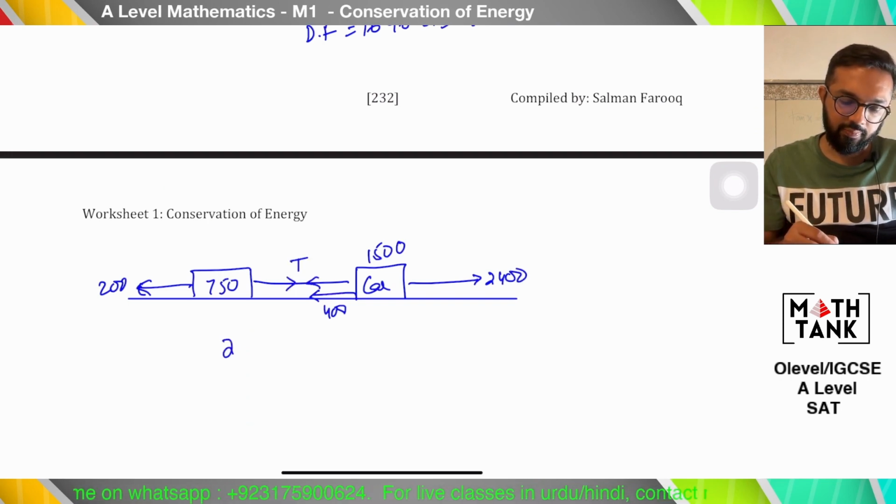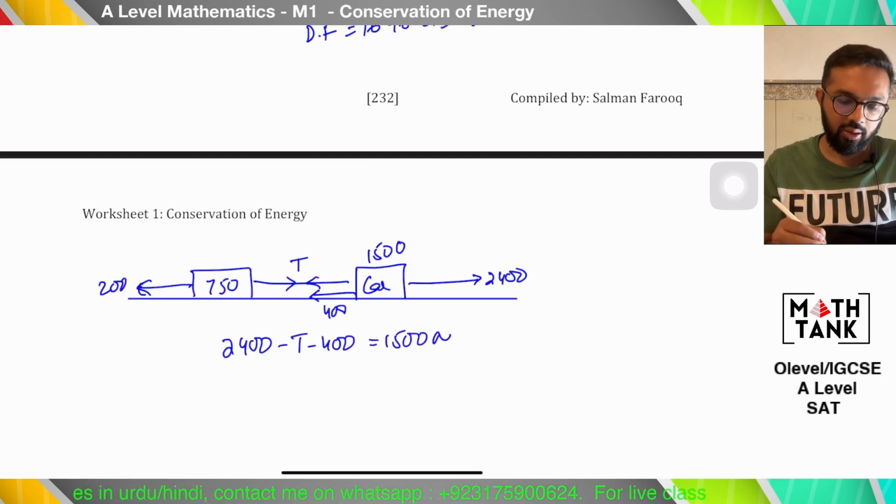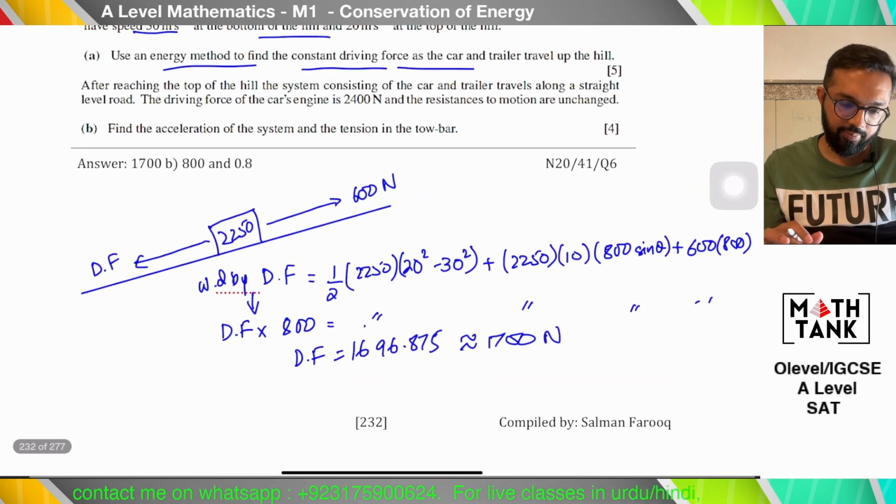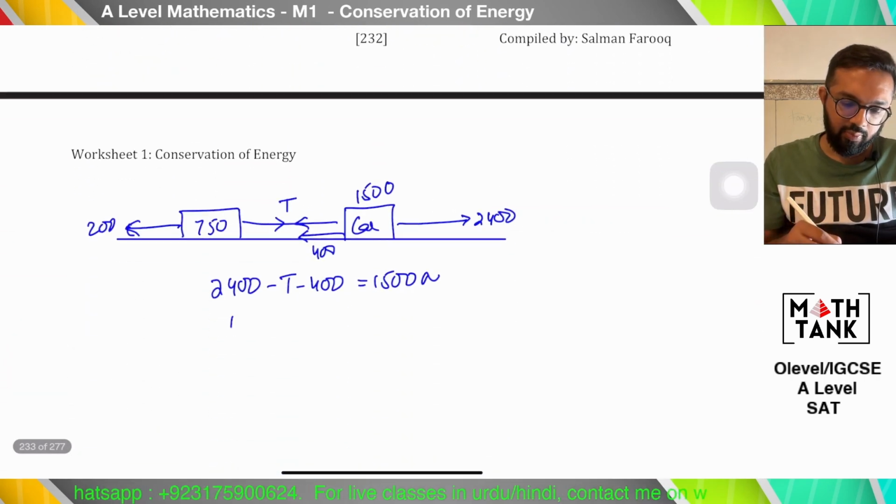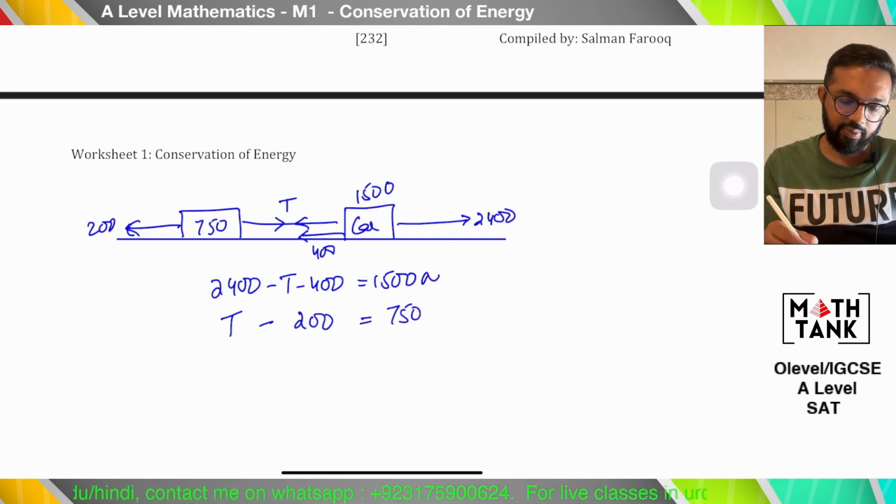So for the car, it's 2400 minus T minus 400 equals 1500 A. And for the trailer, it's T minus 200 equals 750 A. T cancels out.